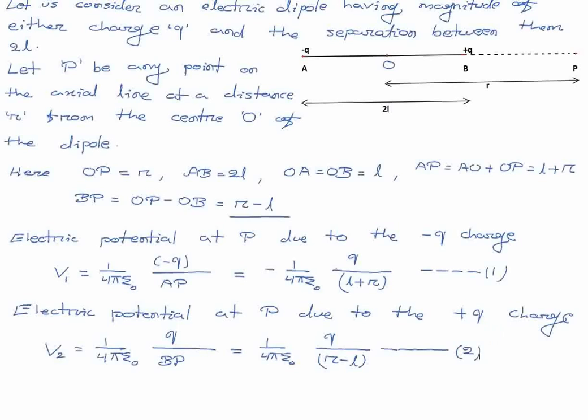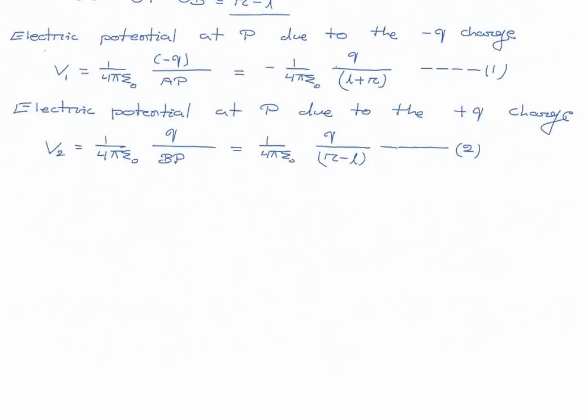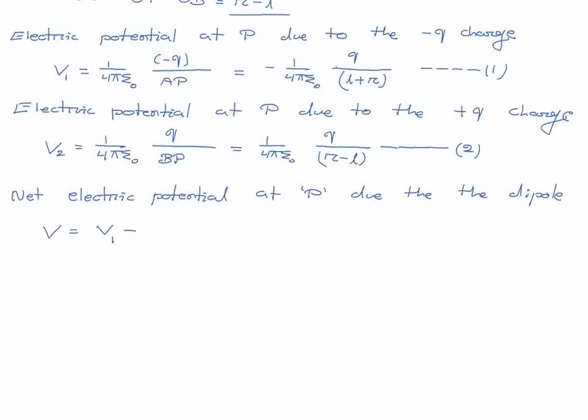So the net electric potential at P due to the dipole is V1 plus V2, because electric potential is a scalar quantity, so we can add them algebraically.